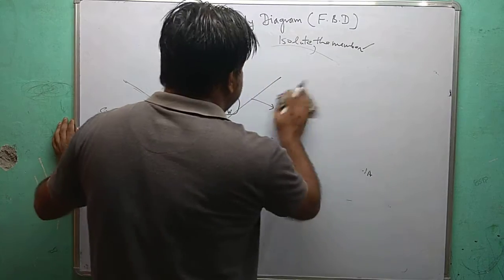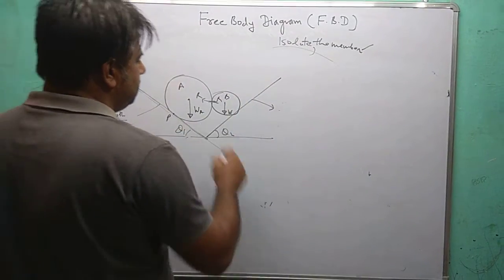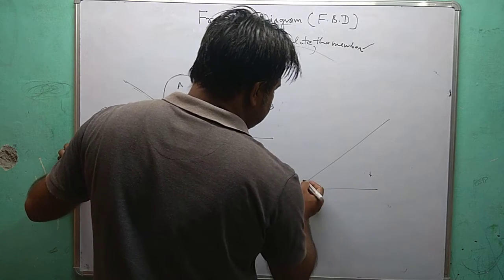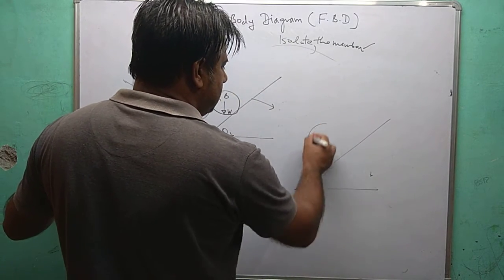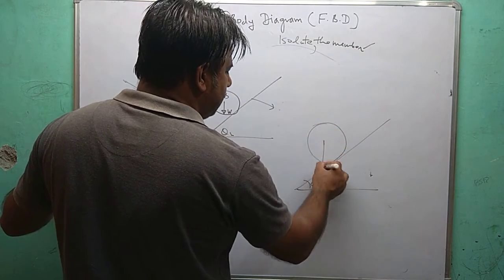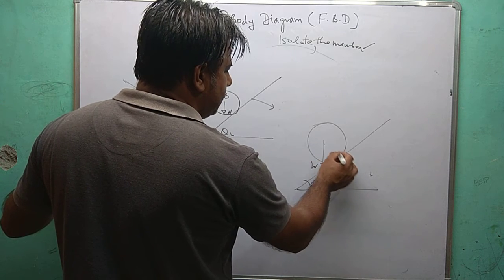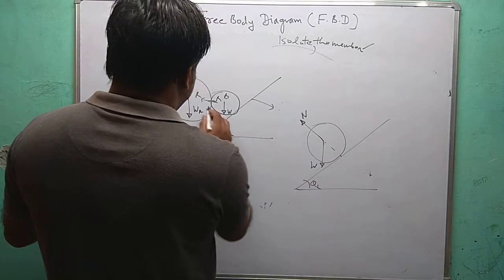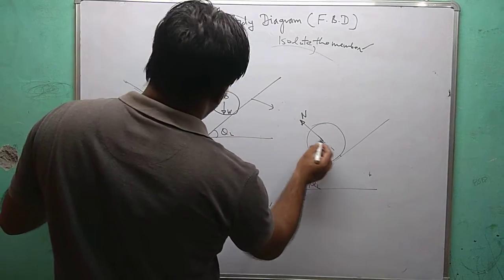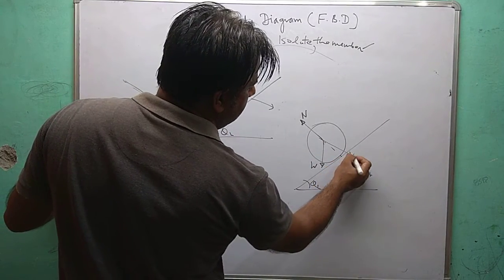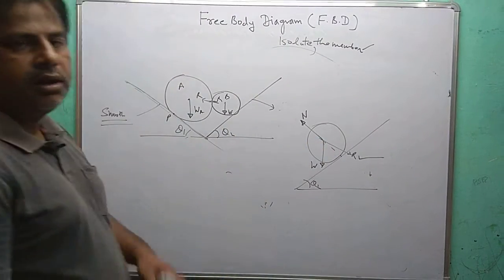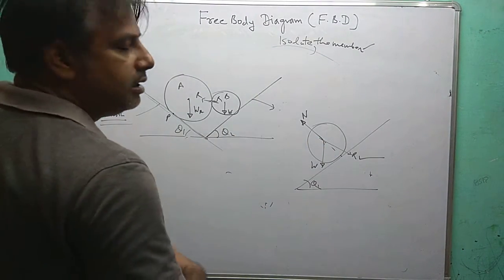Now how to draw the free body diagram for body B. So first you draw like this, theta 2, and here is your body, self weight is W, normal reaction here, so normal reaction is NA, and another common reaction here. So common reactions you may represent R like this, and the angle between the forces with respect to the given geometrical conditions.